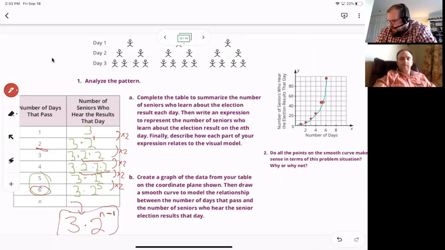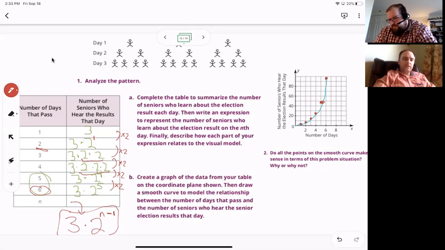To me, the red dots make sense because those are the days that we're looking at. But we don't talk about 4.2 days in terms of the people that find out things, although I guess you could.